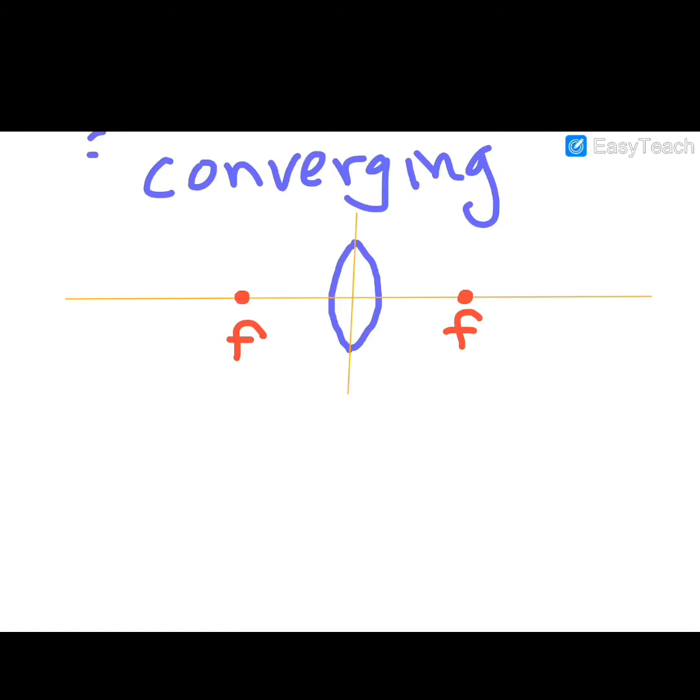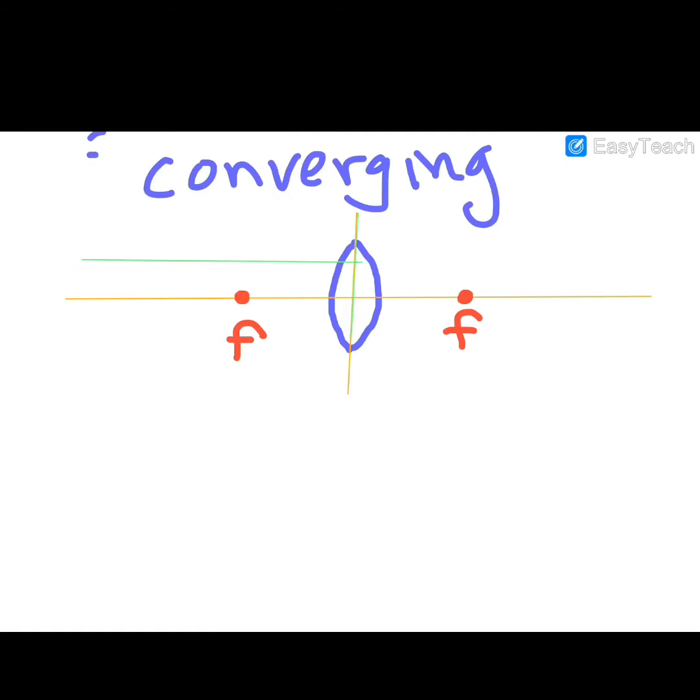So let's think about what we meant when we talked about the focus last time. When we were talking about mirrors and the focus, it was that place where a ray that was parallel to the principal axis would go if it were to, in the case of the mirror, reflect off of that mirror. For a lens, of course, there's no reflection to speak of, but instead refraction. So let's imagine a ray parallel to the principal axis that gets to our lens.